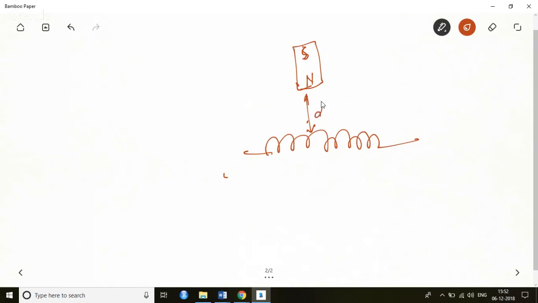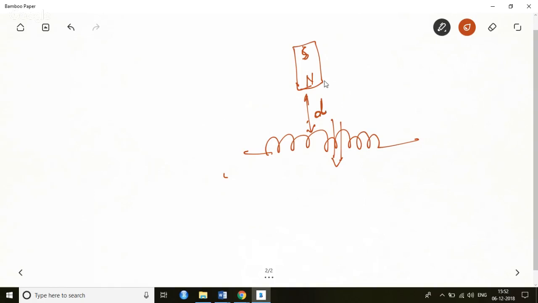Now suppose I have kept a coil. This is my current carrying conductor in the form of a coil, and I have a magnet here, north pole and south pole like this. Suppose the distance between them is d, and I don't touch this magnet, so a certain magnetic field would be crossing this particular conductor.